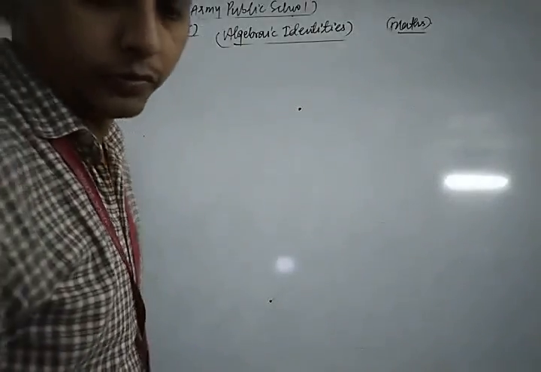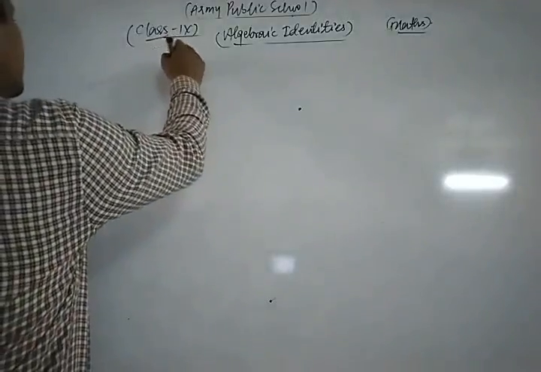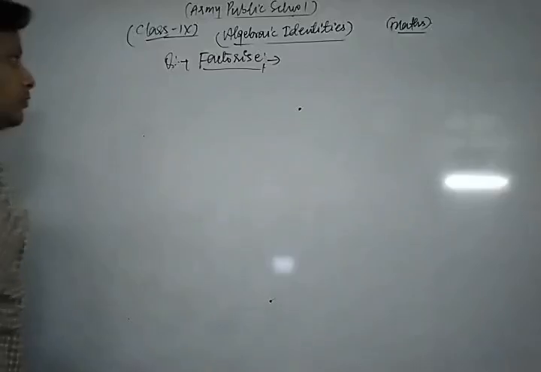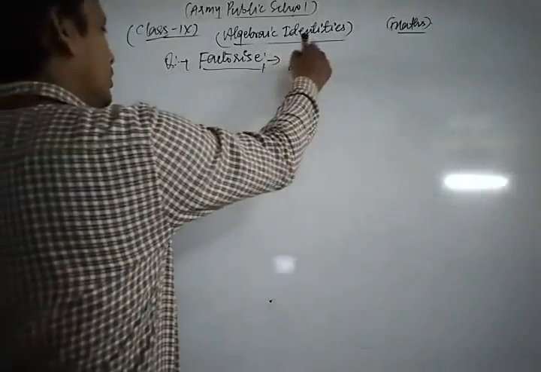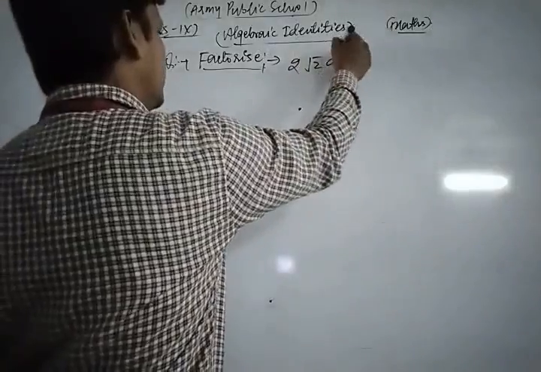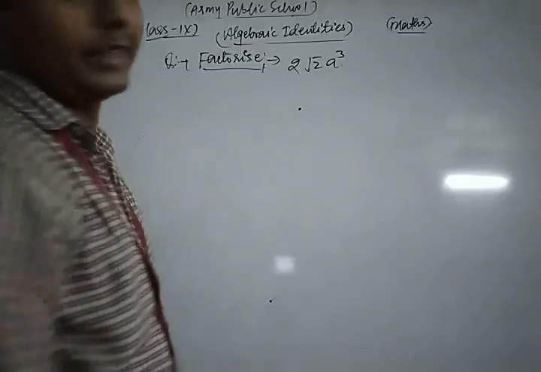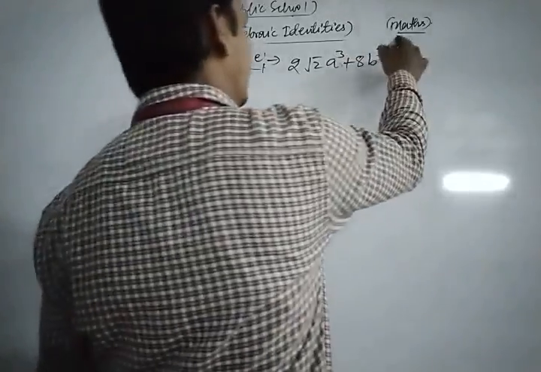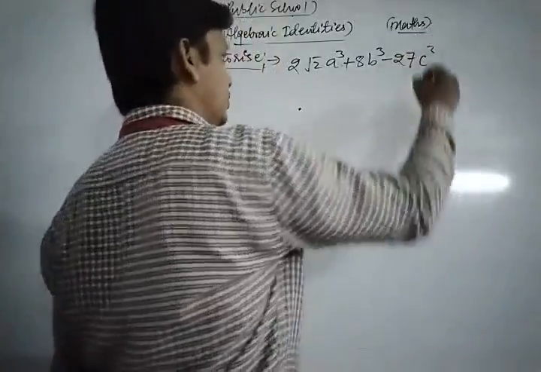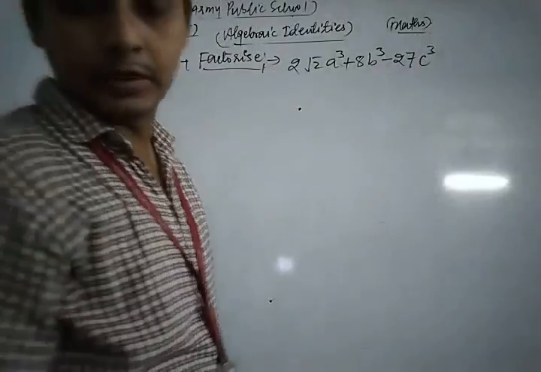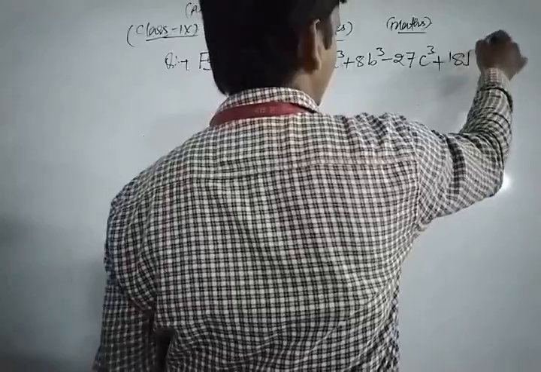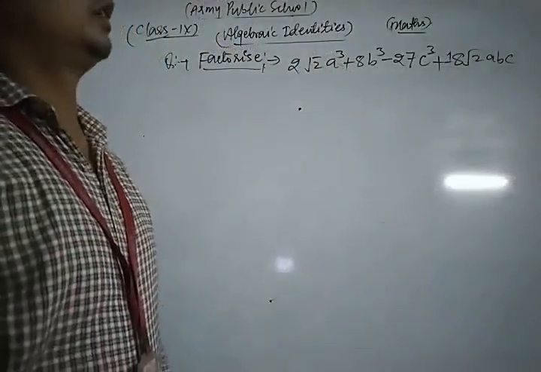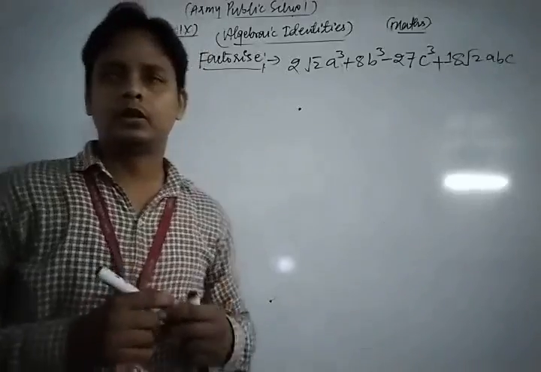Based on these topics, now look, factorize 2√2 a³ + 8b³ − 27c³ + 18√2 abc.